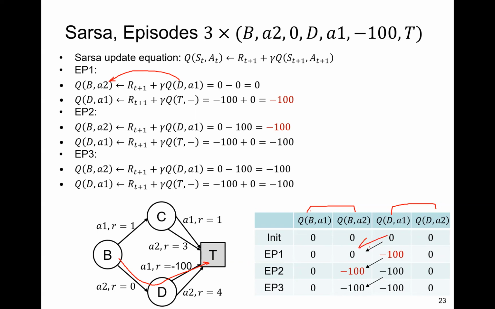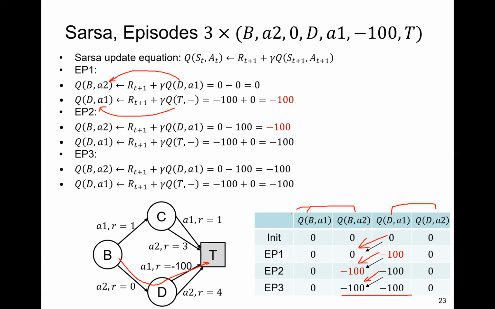So this is the bootstrapping. And QDA1 is bootstrapped from the terminal state, the ground truth, minus 100. In the next episode, you're bootstrapping QBA2 from QDA1. And in the next episode, you're again bootstrapping QBA2 from QDA1. So this is the convergence after 3 episodes.